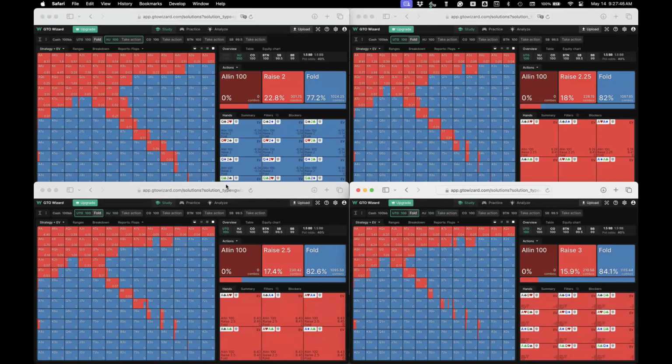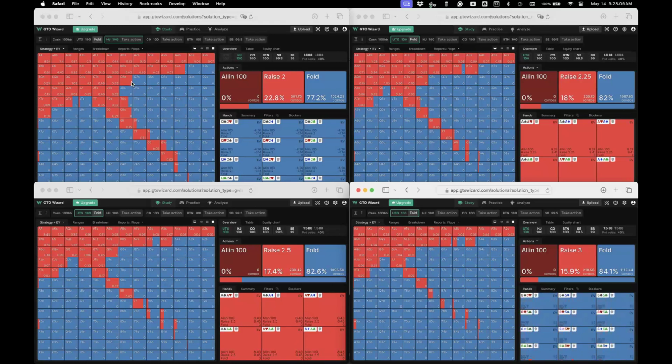But take a look here at the 3 big blind one. Look at 8s, 7s, 6s, 5s compared to 2 big blinds, 2.25, and 2.5. You can't even open 8s full frequency in the low jack at 3 big blinds. Does that make sense? That is a huge difference.